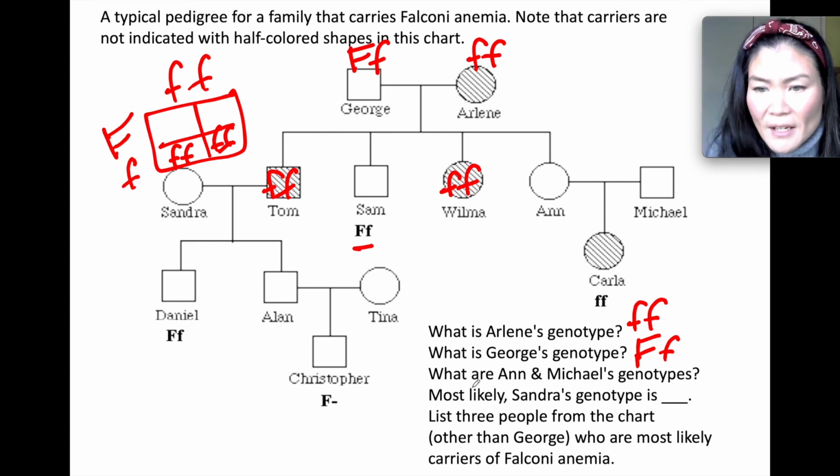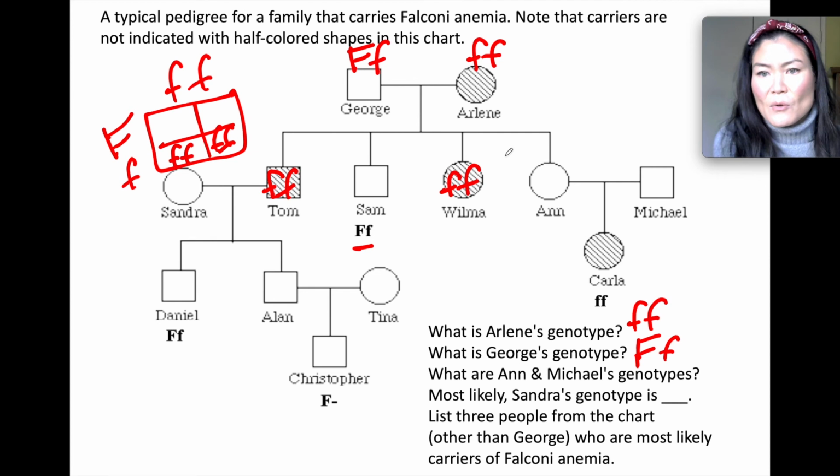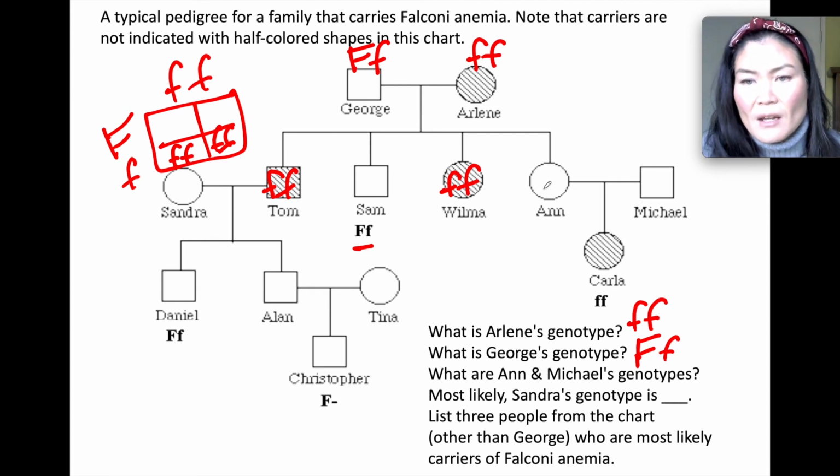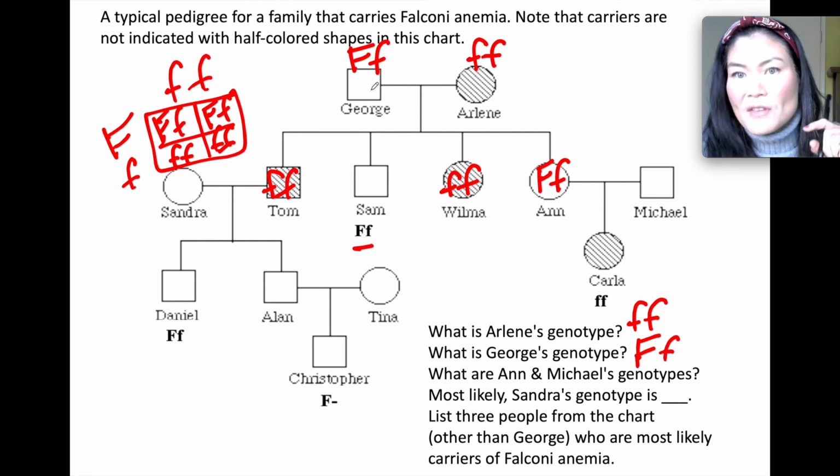What are Anne and Michael's genotypes? Anne doesn't have it, but if you look at the pedigree for her parents, she's got to be big F, little f. She has to be heterozygous. So George is a carrier for this.